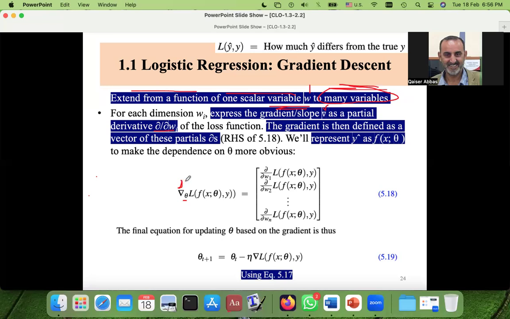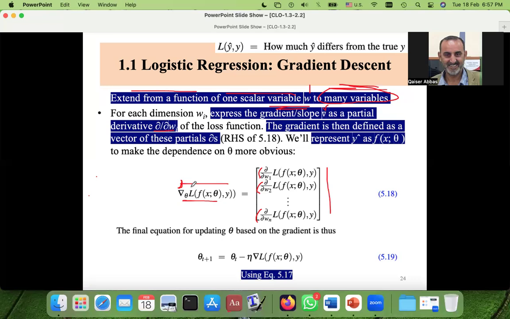This is the left hand side. The opened form of the left hand side is the right hand side, and it contains partial derivatives: partial over partial W1, the first weight; partial over partial W2, the second weight; partial over partial W3, the third weight; and so on, partial over partial Wn, the last weight.